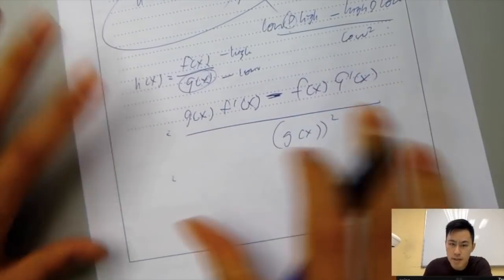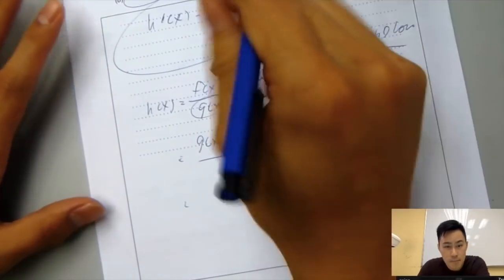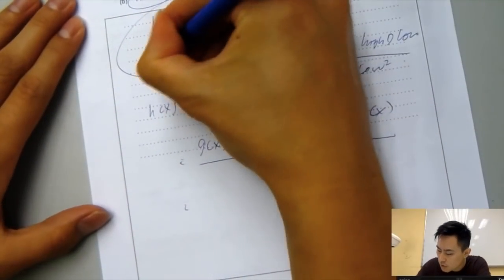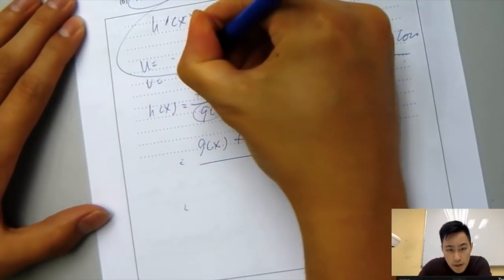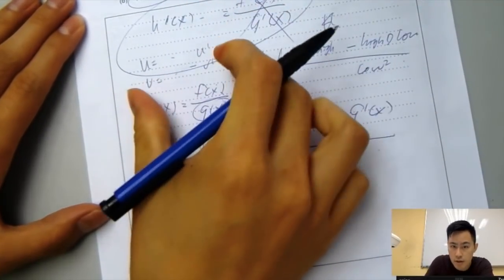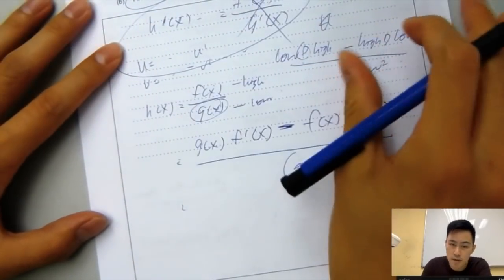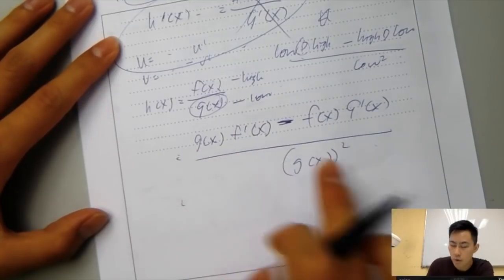Extremely easy. You don't need to be bothered by the u and v stuff. I believe your school will teach you u equals something, v equals something, then write u prime and v prime, and finally look at the data booklet and plug that in. But actually you don't need to; you can skip all the steps and just write it all in one go.